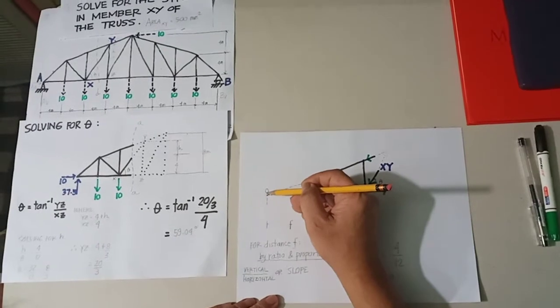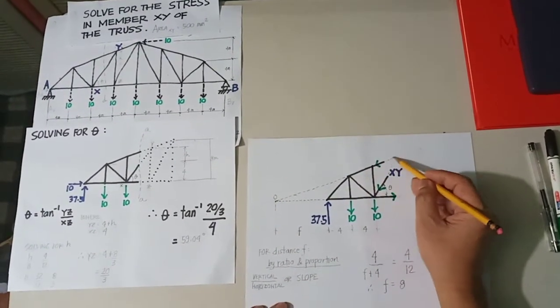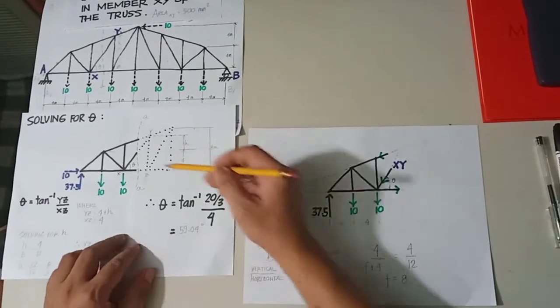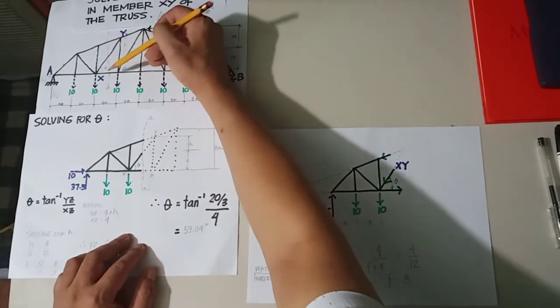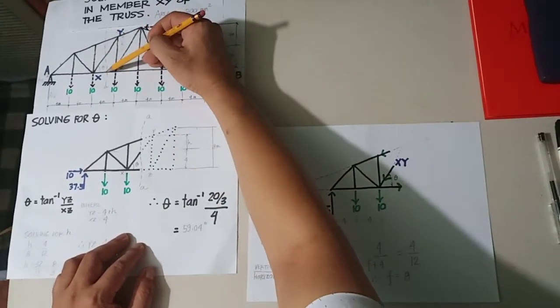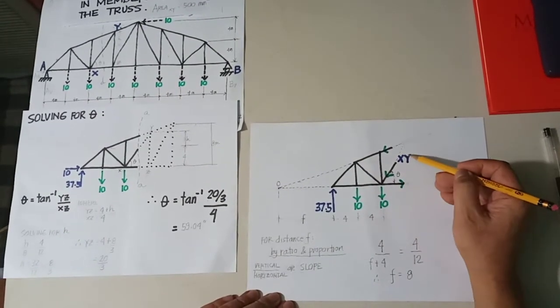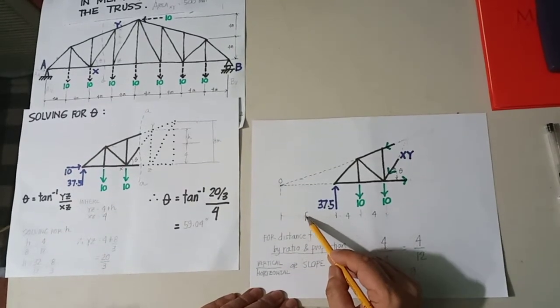The reason why we want to take the moment at point O is because we want to eliminate the lever arm of the top chord and the bottom chord forces, thus leaving the value of XY. So how do you solve for f?